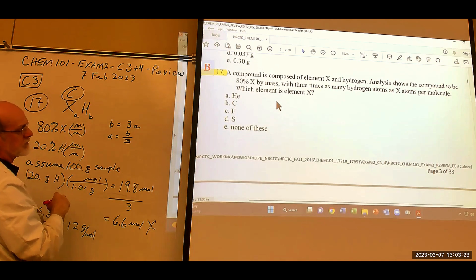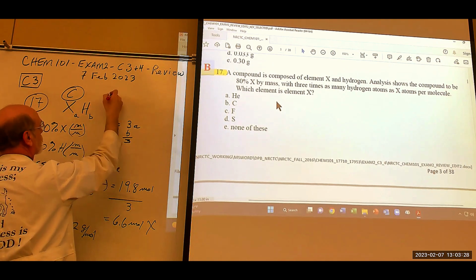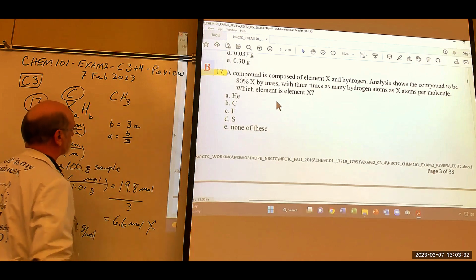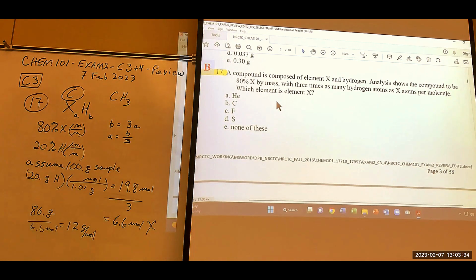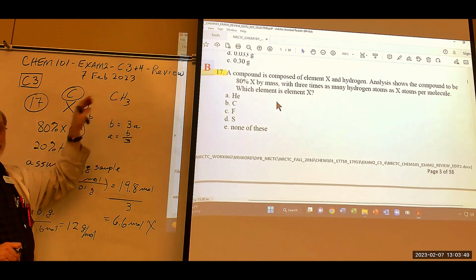The question doesn't ask us for the formula, but if we wanted to, the empirical formula would be carbon, like that. There's just one problem with that that you probably wouldn't recognize: there's no such thing. It doesn't do that. If carbon's got any hydrogen with it like this, it's CH4.